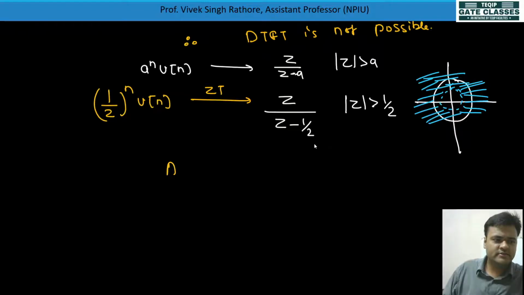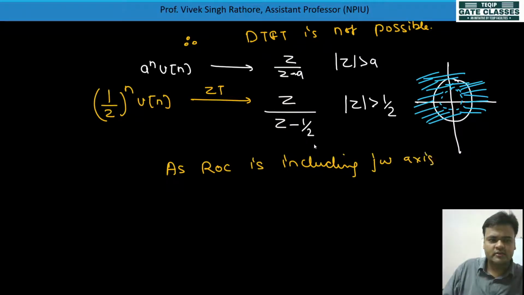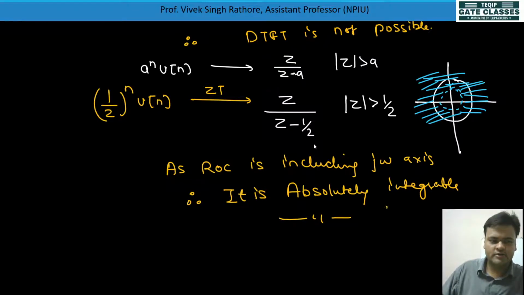So as the ROC is including the j omega axis, therefore the signal is absolutely integrable, absolutely stable. For stability it is not the j omega axis, it is the r equal to 1 circle, that is the unit circle.